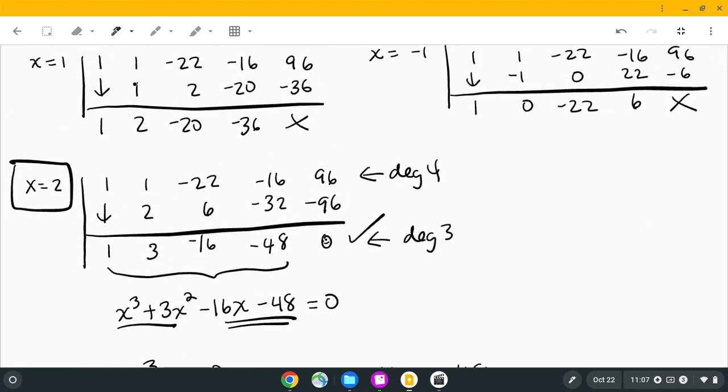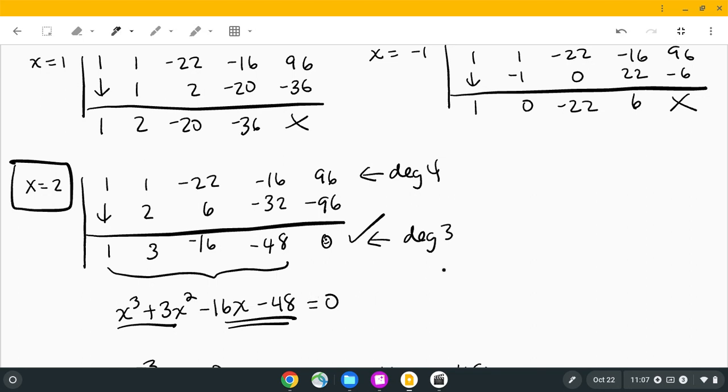So just remember, as you find your first 0, this is now a degree 3. So you always want to check to see if it's factorable by grouping. If it's not factorable by grouping, then you have to continue using synthetic division until you get a degree 2. Then you can use factoring or quadratic formula.